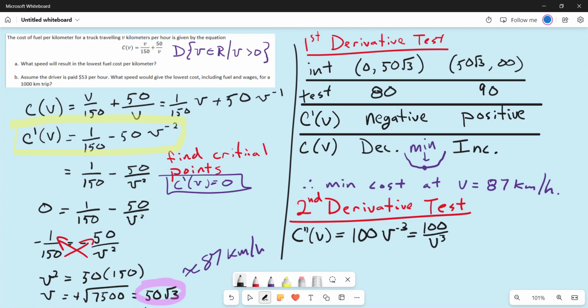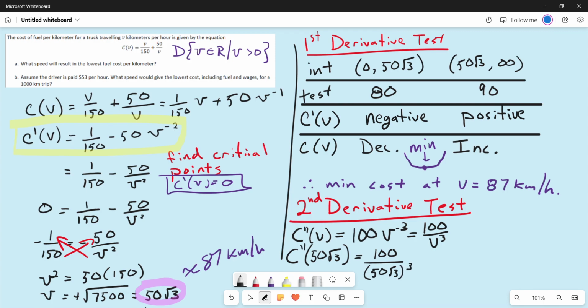So what we want to do here is test our critical point. We're going to put our critical point into C double prime of 50 root 3. Remember that 50 root 3 is just our 87. So let's write that out: 100 over 50 root 3 cubed.